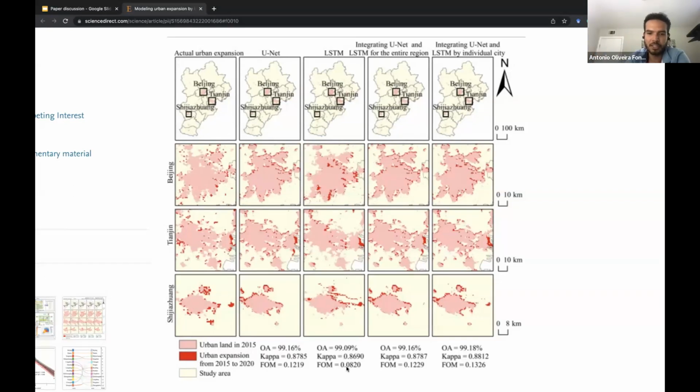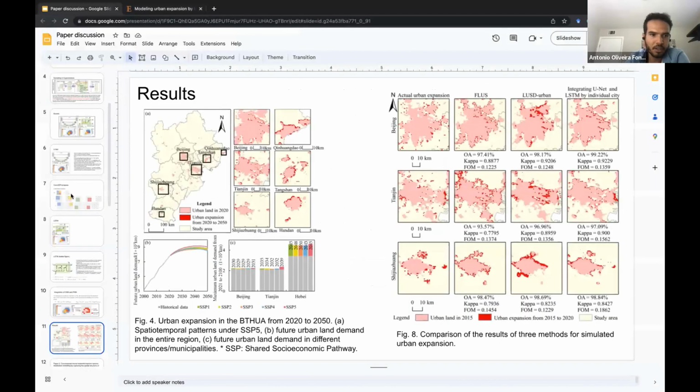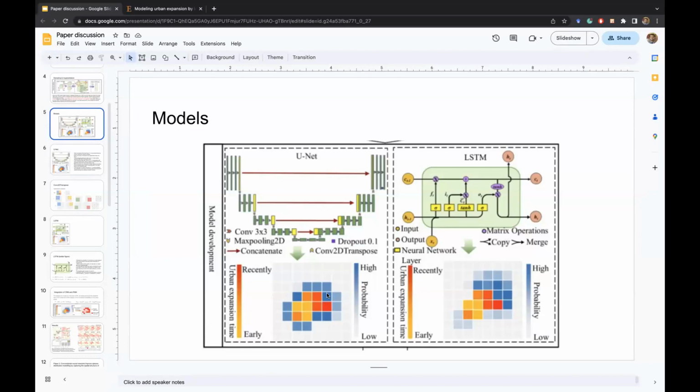Now, if you have one pixel that's sort of on the border, with a bunch of other pixels that are already urban, there is a really high chance that this pixel is going to become urban at the next time point too. So the spatial information seems to be more meaningful. I believe that is why the UNet by itself is already more meaningful. Oh, got you. Thank you.